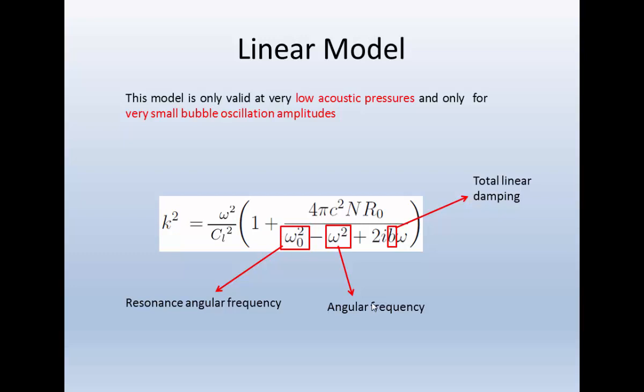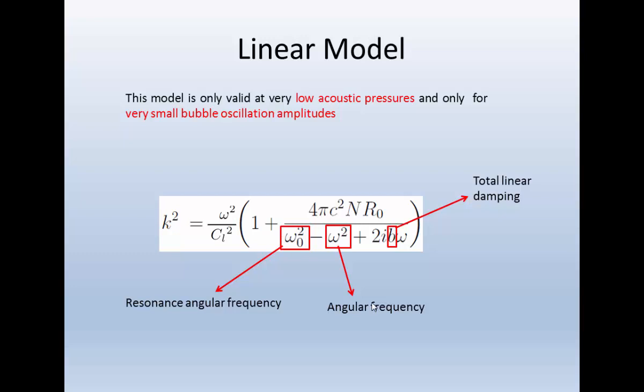The linear model, which has been used for many years, was developed by Commander and Prosperetti, and this model is only valid for very low acoustic pressures and for very small bubble oscillation amplitudes. Commander and Prosperetti linearized the Rayleigh-Plesset equation at very low acoustic pressures, and fit it into the Caflisch model, and they were able to find the wave number squared in this form.